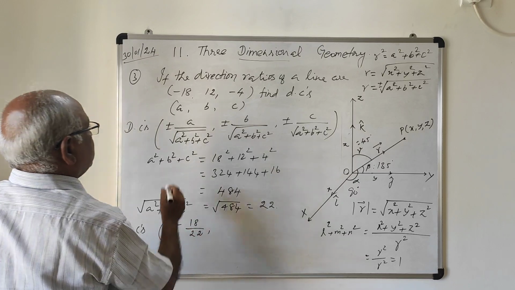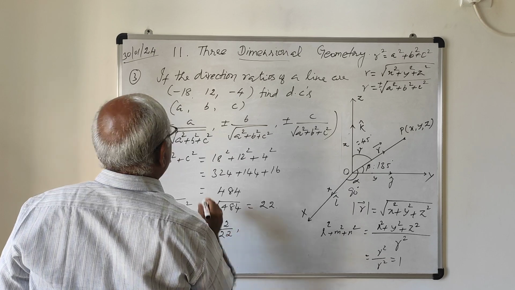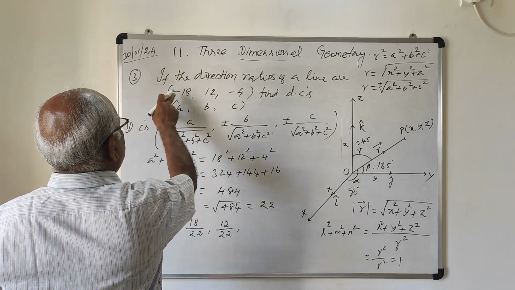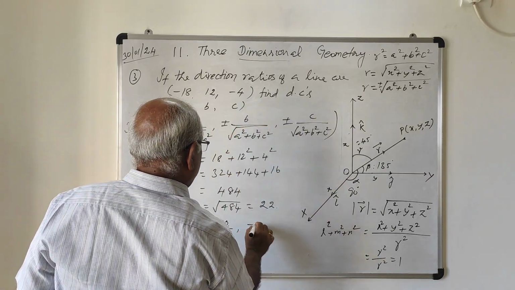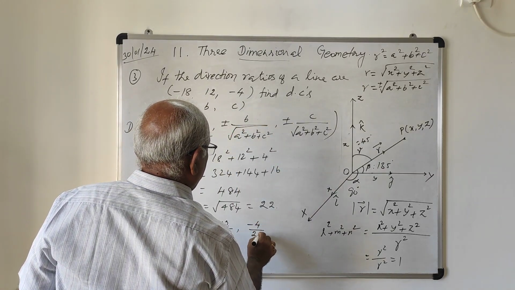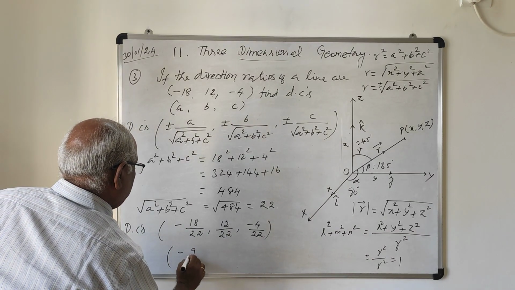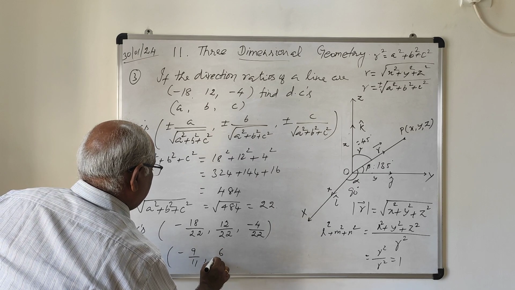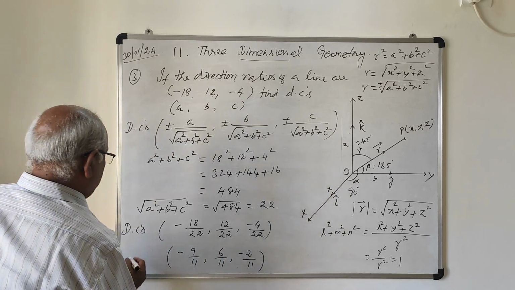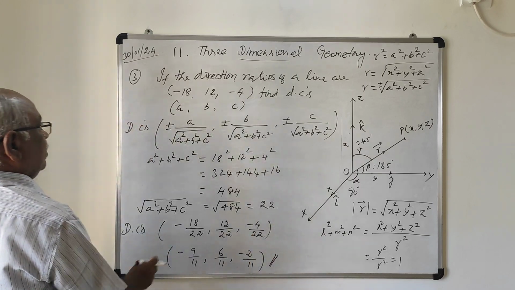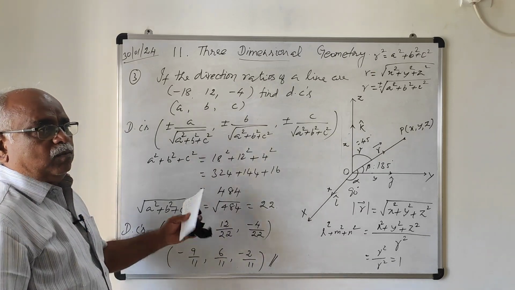Positive or negative according to the sign given in the DR. By simplifying, 9 by 11, 6 by 11, minus 2 by 11. So these are the direction cosines of the given line if the DRs minus 18, 12, minus 4 are given. That's all about the problem.